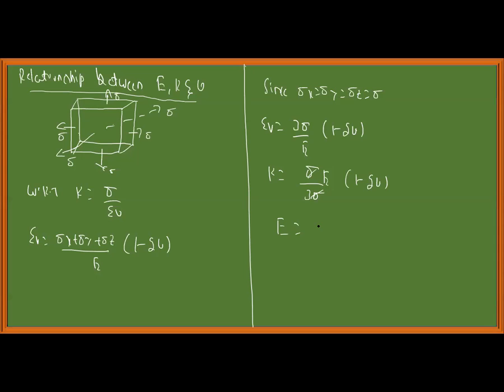E is equal to 3 sigma by... 1 minus 2 nu, or E is equal to 3K into 1 minus 2 nu. This is the relationship between E, K, and nu.